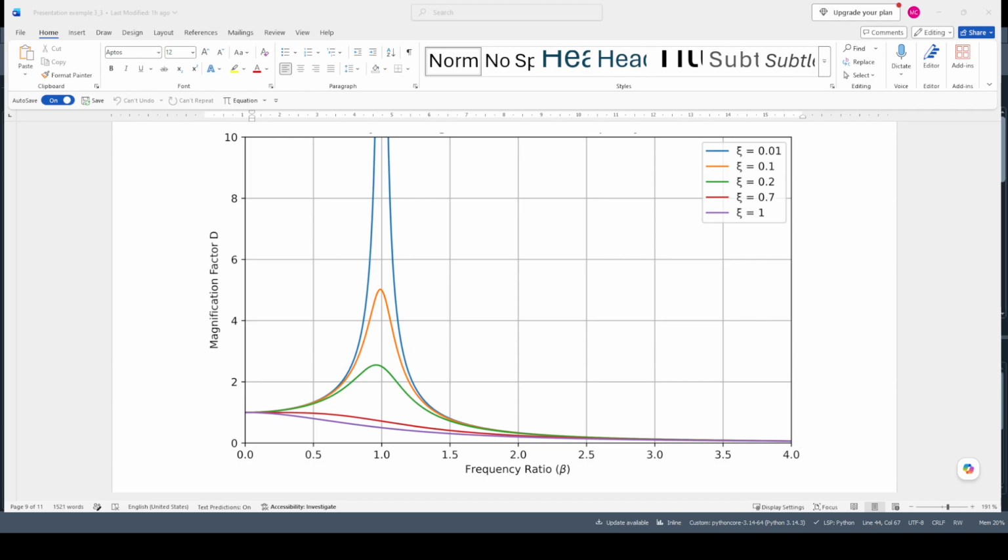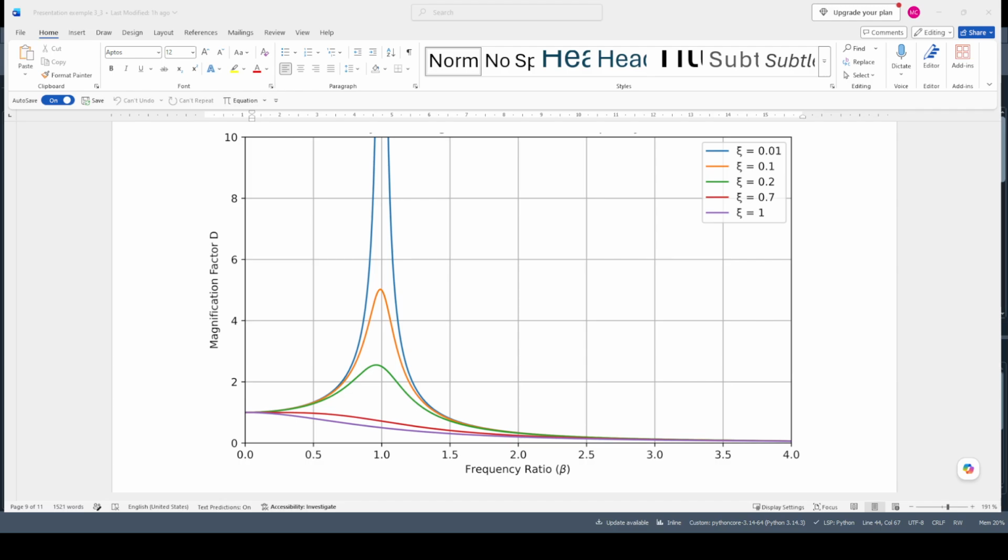And for consideration, for frequency ratio much less than 1, the factor is slightly more than 1 and appears to be independent of damping.